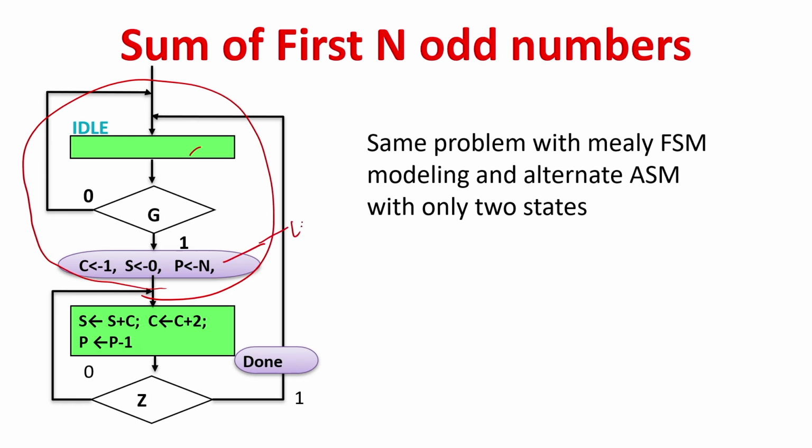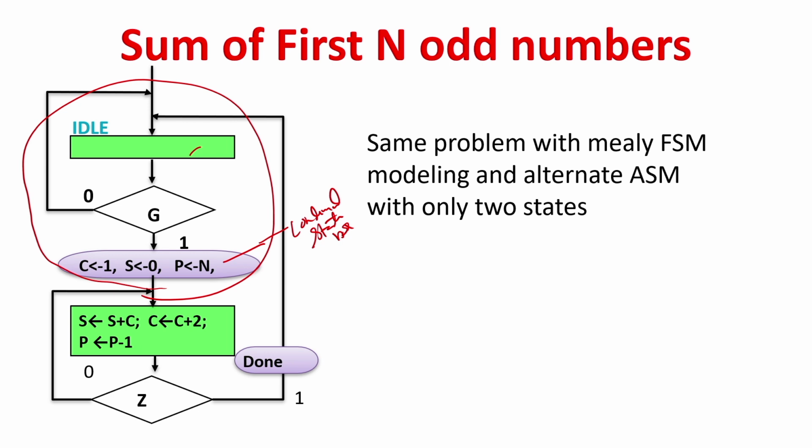This is the conditional state box. Because this is a conditional state box, it can act as another state and you can do some set of actions based on the conditions. Because of that we are able to model with a Mealy FSM and it results in a lesser number of states.